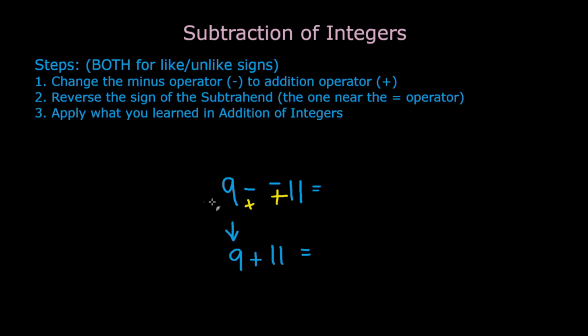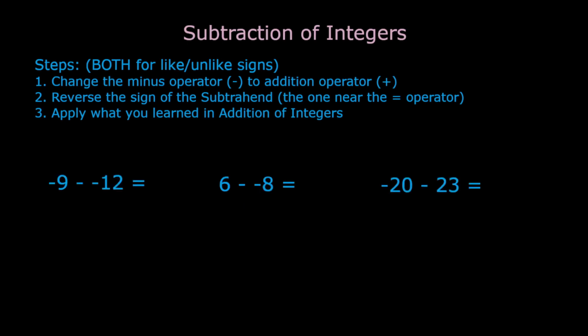Then, kung mapapansin nyo, bring down lang natin si 9, and then from subtraction, naging na lang siyang addition operation. And itong negative 11, naging siyang positive 11. And then, 9 plus 11 is just equal to 20. And a positive number plus another positive number, ang result ay another positive, which is positive 20.